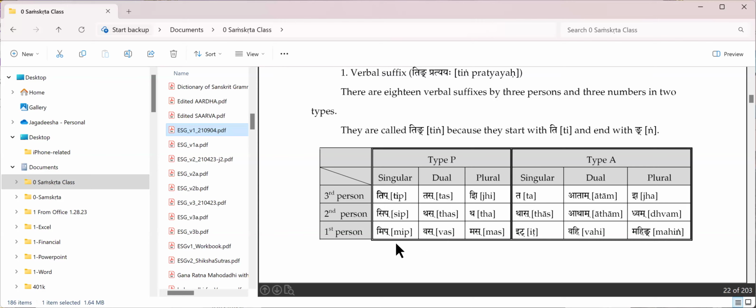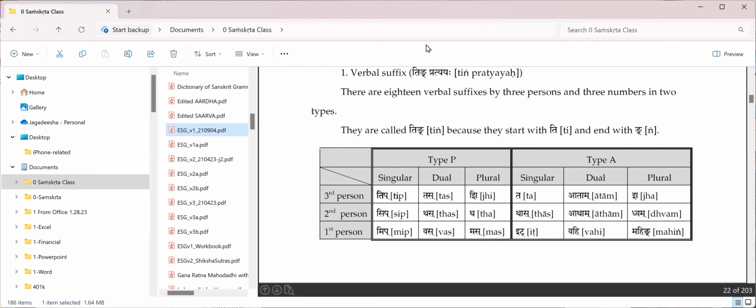So all the way, tip plus G, all the way up to mahi, those are all the 18 ting pratyayas. Because it starts with the T and the last ith letter is Nga, they collectively are called ting pratyayas. They are called ting because they start with the T and end with the Nga.